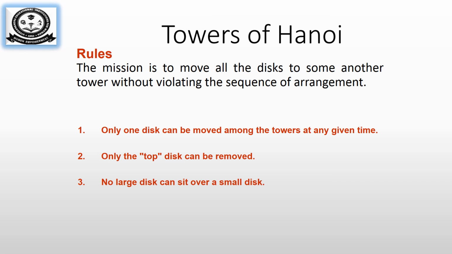You can remove only from the top end of each peg. Now the last rule is no larger disc can sit on a smaller disc. That is, the bigger ring cannot sit on a smaller ring. So that is the rule. So without violating these 3 rules, you have to transfer all the discs from peg A to peg C.